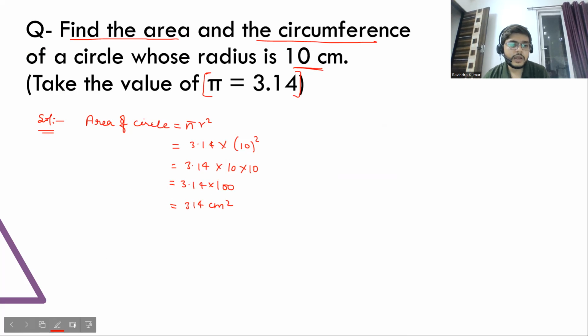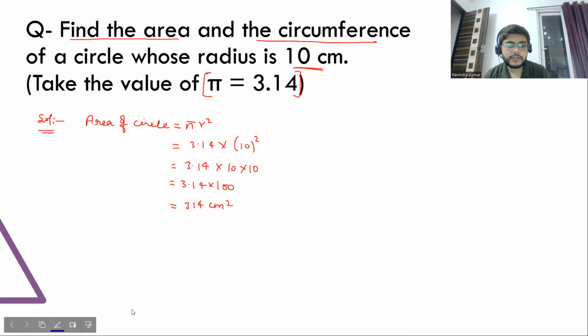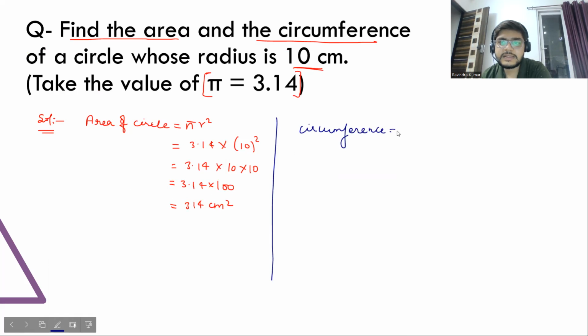Now come to the second part: we need to calculate the circumference. You know the circumference is 2 pi r. So write 2, the value of pi is 3.14 as given in the question, and r is 10.